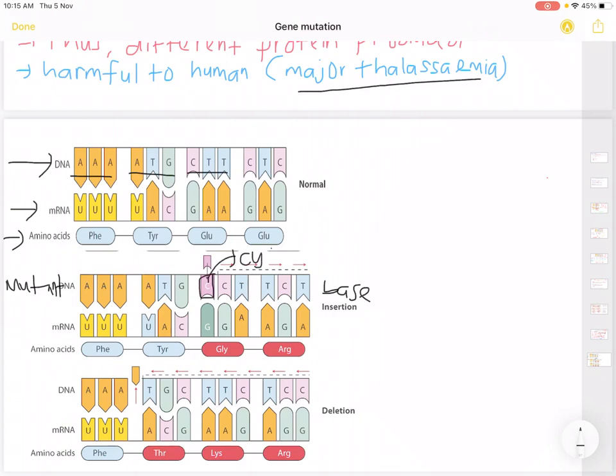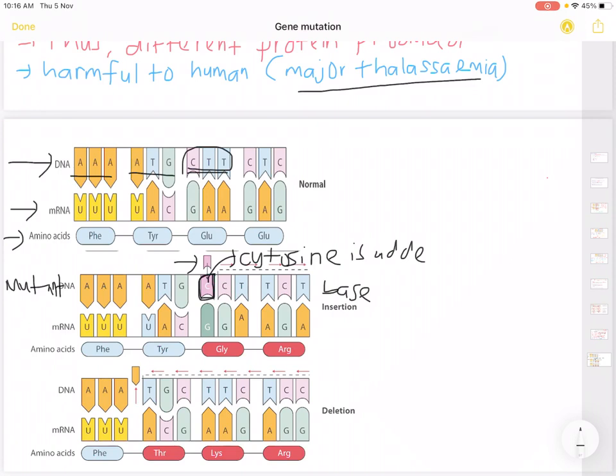So cytosine base pairing is added to the gene sequence. When the cytosine is added, it will shift the entire reading on the DNA starting from the addition of the bases.